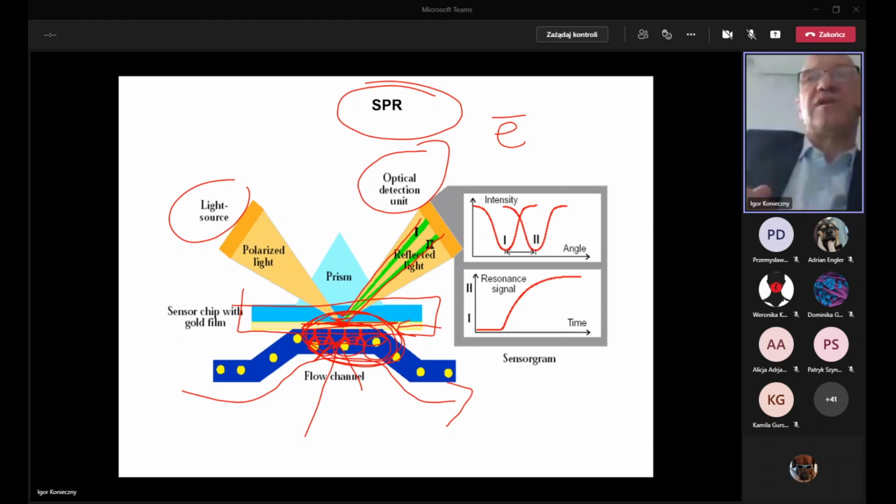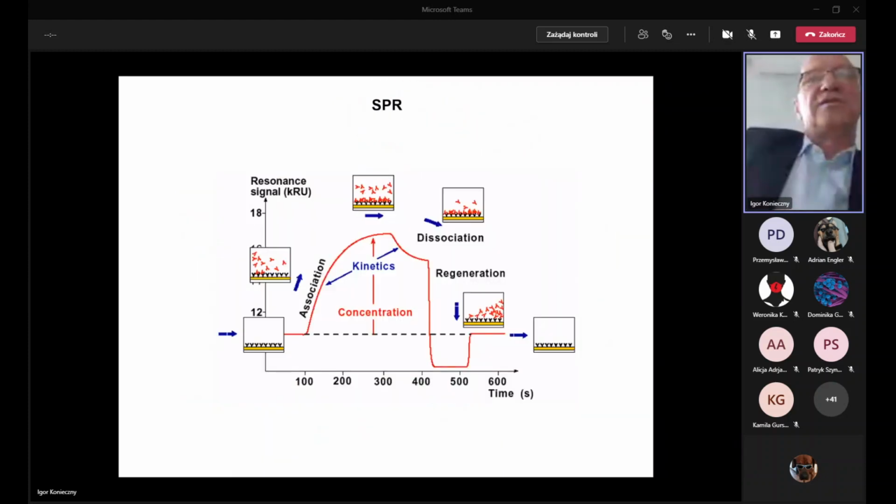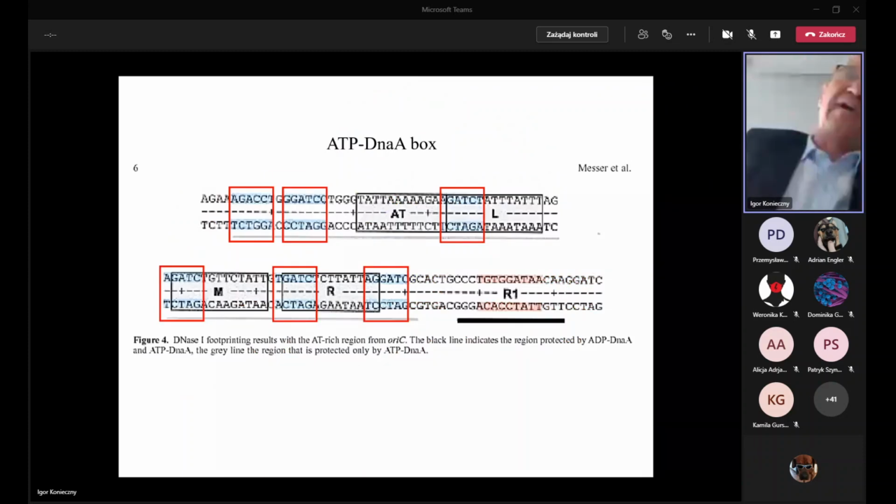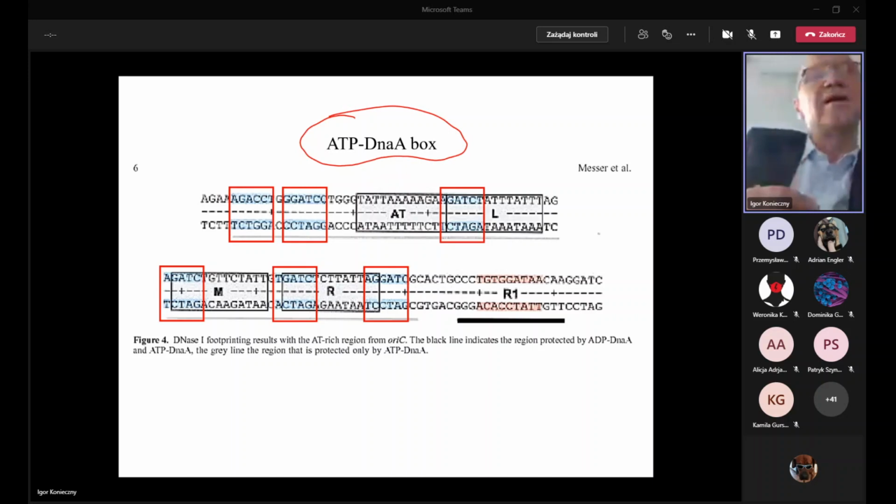Based on this, we can detect the sensogram and look at the mass attached in the sensor. And based on this, it was possible to identify the boxes on the DNA.